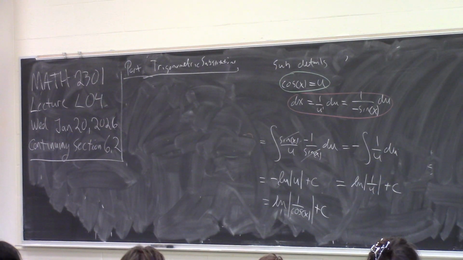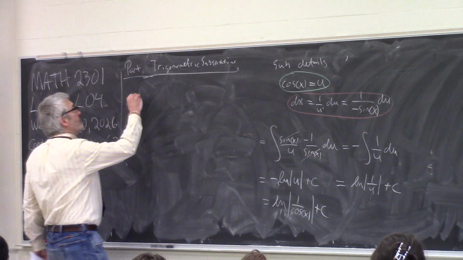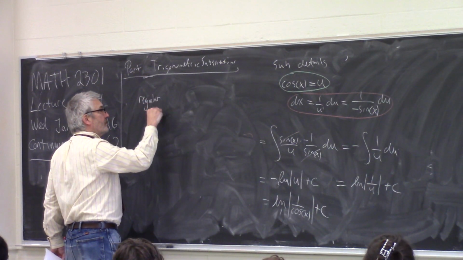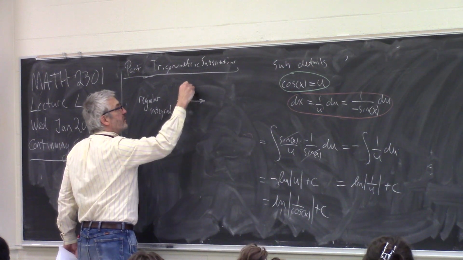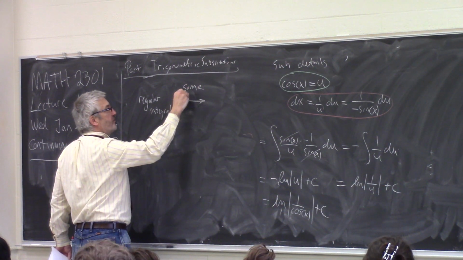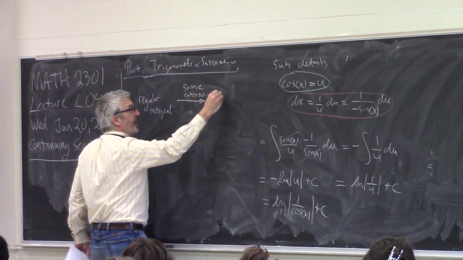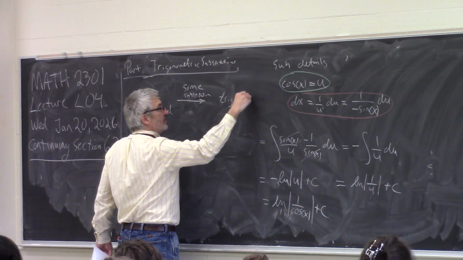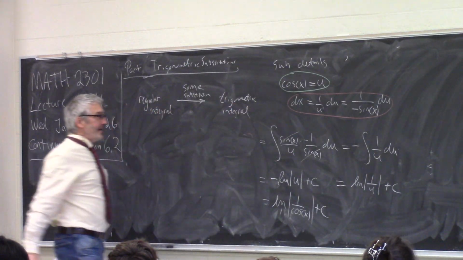So it turns an integral that's not a trigonometric integral into a trigonometric integral. You take a regular integral and you get some substitution, and then you get, as a result, a trigonometric integral. That's the idea.